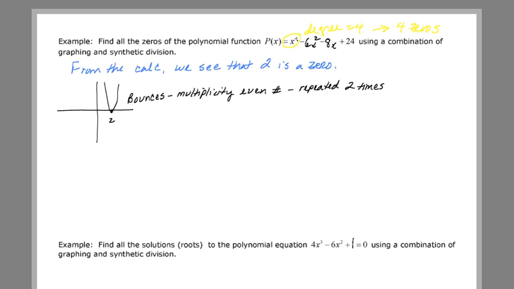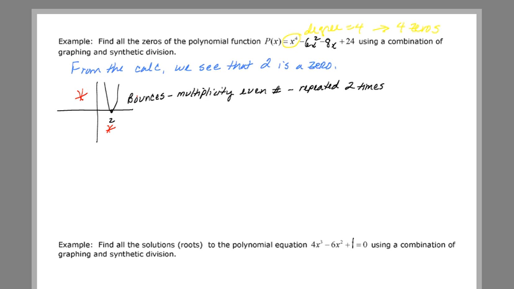My degree is 4 here. So this 0, since it bounces, it can't repeat 6 times because I'm only looking for 4. It can repeat 2 or 4, but I'm going to always start off with 2. Big thing you've got to watch out for: bouncing zeros.